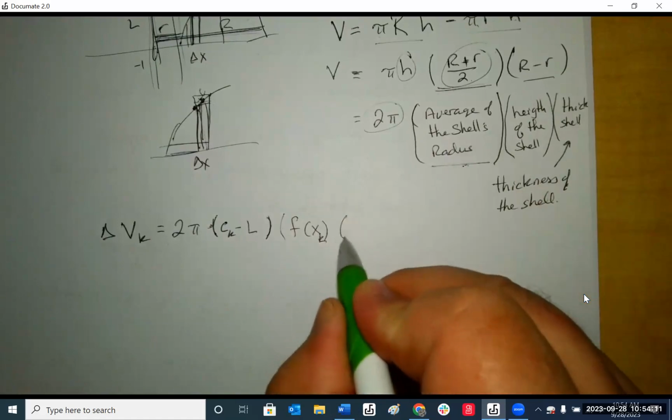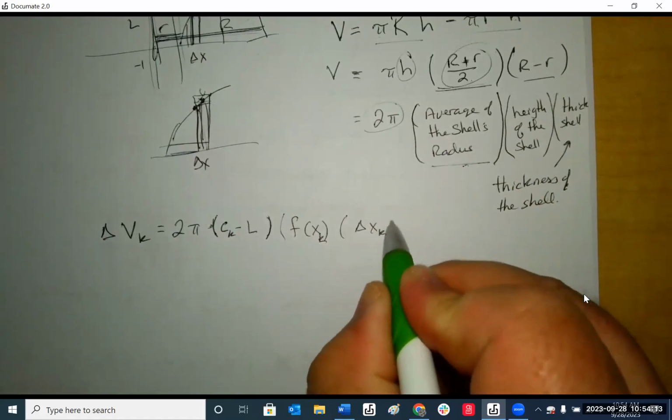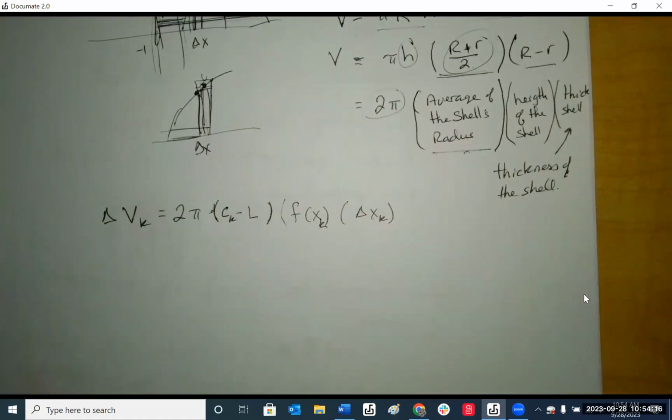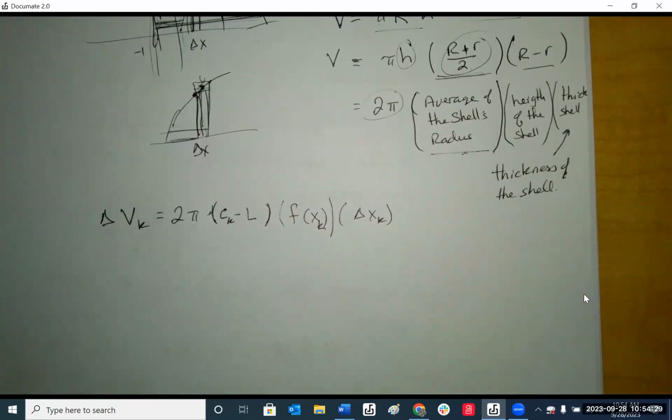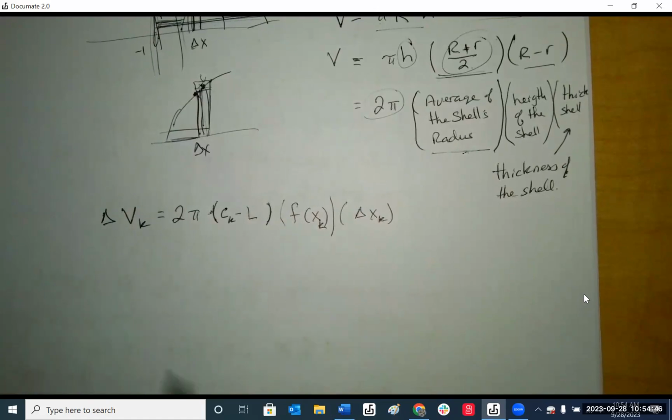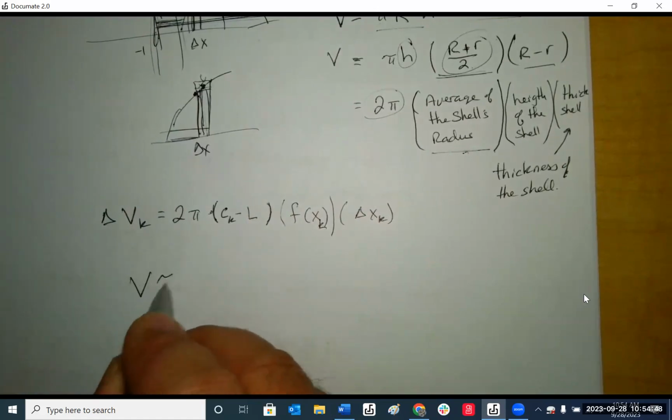And the thickness of the shell was our delta x. So these are the pieces that we have to put together. And as we take the limit of the summation of those, we eventually get to the volume.